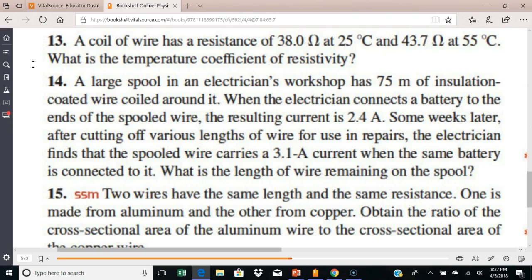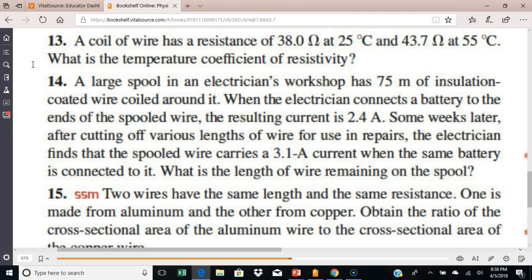So I take 2.4 divided by 3.1, and I get 77.4%. So the length of the wire is going to be reduced to 77.4%. So 75 meters times 77.4%. Now the length of my wire is 58 meters. Pretty straightforward. Okay, let's look at another problem.